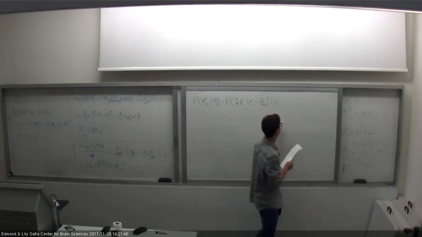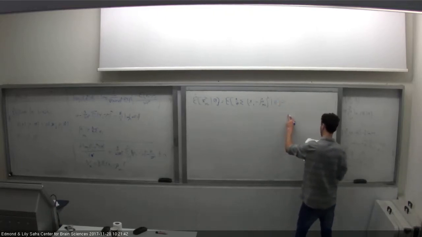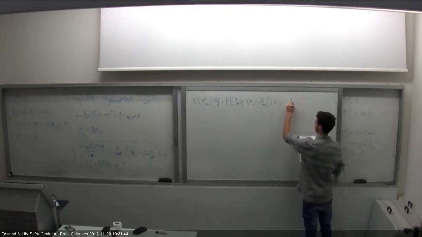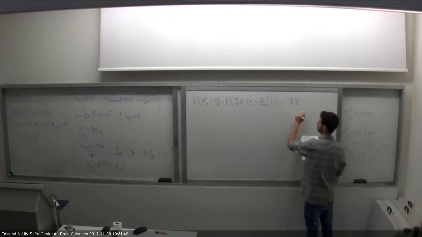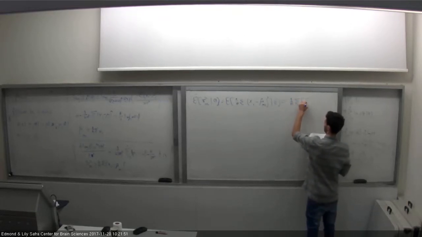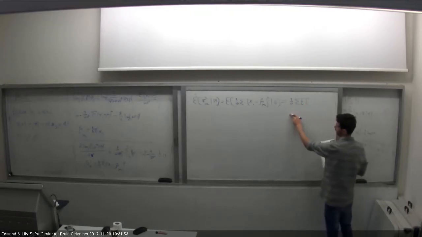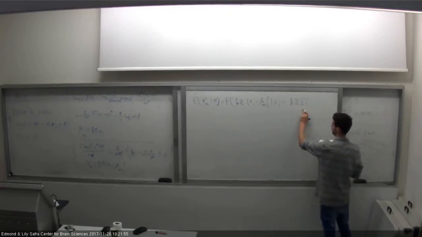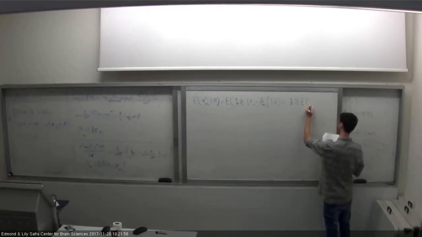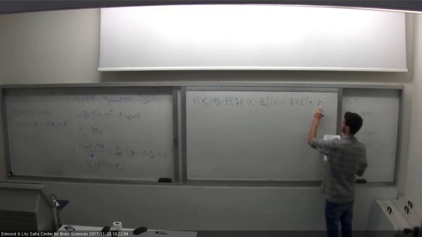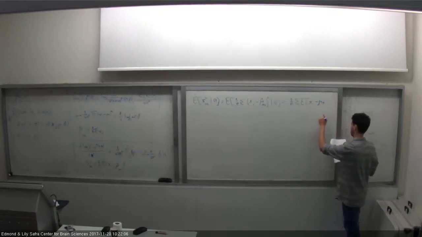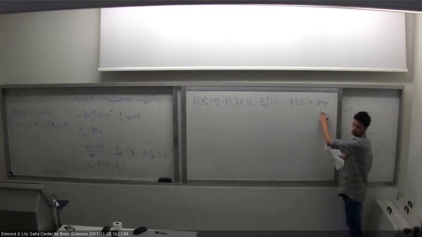We can open it, take 1 over n outside, and take the sum outside. This is equal to 1 over n sum of the expectations of xi minus mu hat squared, where we add a dummy variable mu: we add mu and subtract it.